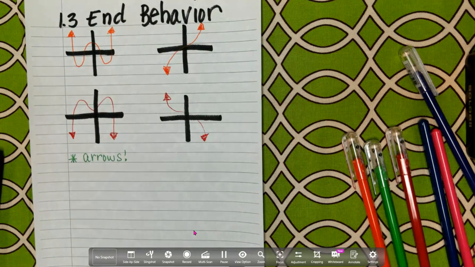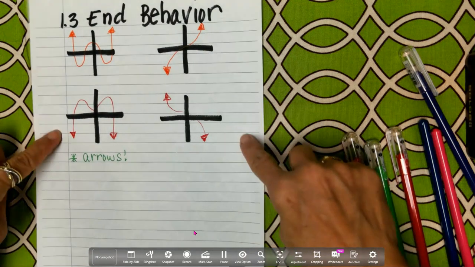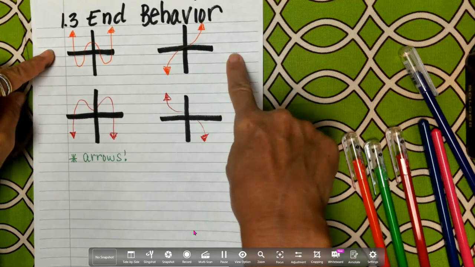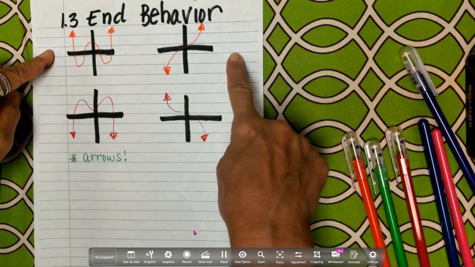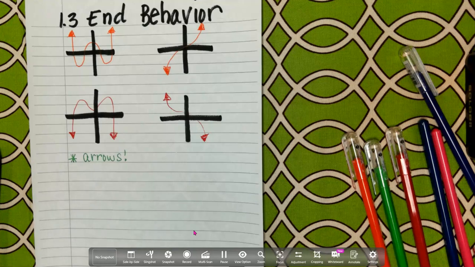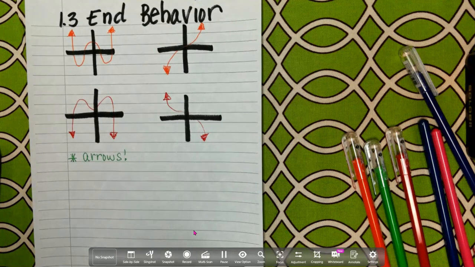All right, so those are for sure negative functions down here. These are 100% positive functions up here. And the reason why I know that is so simple.